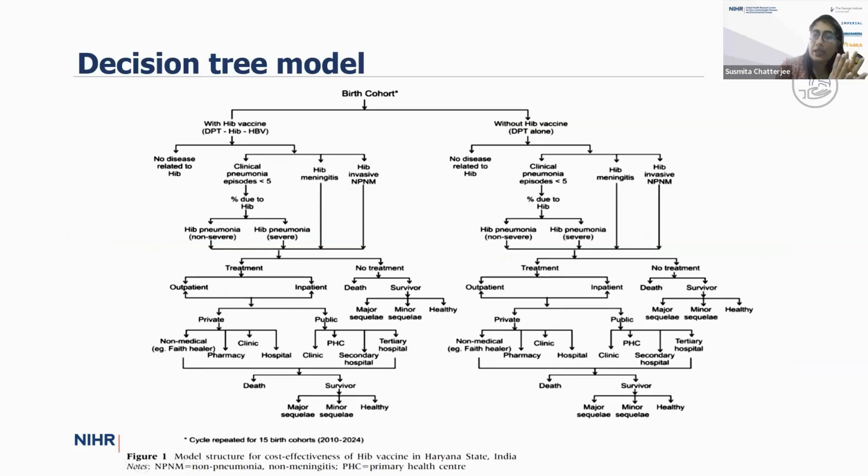This is a complication, but a unidirectional complication. I'm not saying that the child who had Hib meningitis was cured and came back to the previous situation. I'm not talking about all those complications. It's just unidirectional, but a little bit complicated, okay? That's still a decision tree because the arrow is one way.